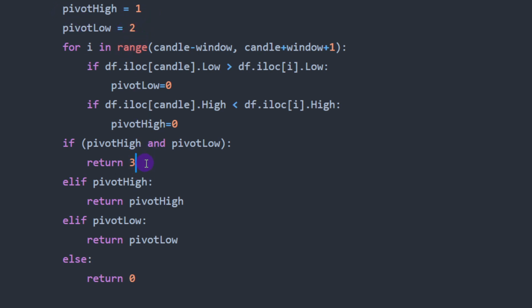And in this case, we are labeling it as 3, so the function will return 3. Else, if it's a pivot high, we're returning the pivot high value, so it's returning 1 in this case. And if it's a pivot low, we're returning 2. Otherwise, the default value returns 0.